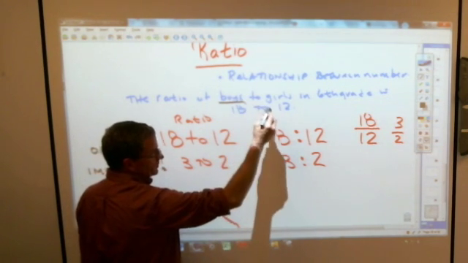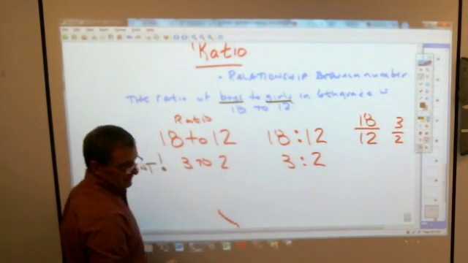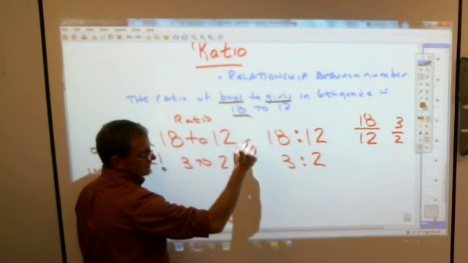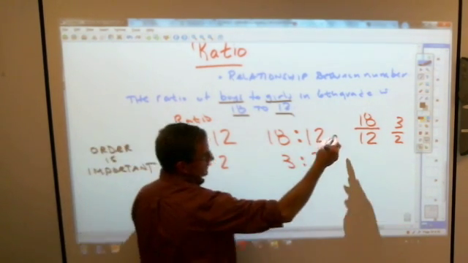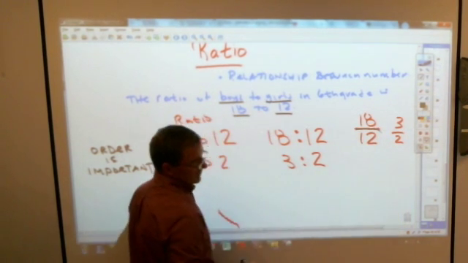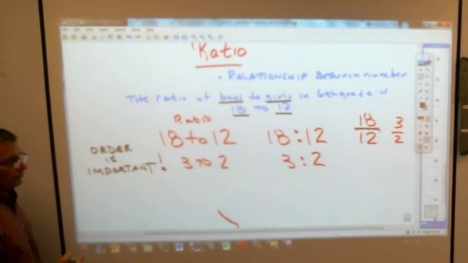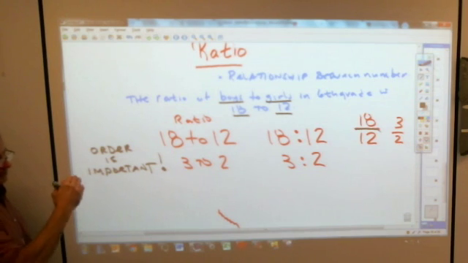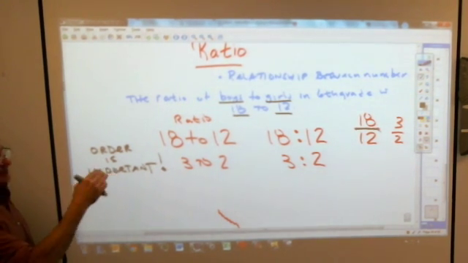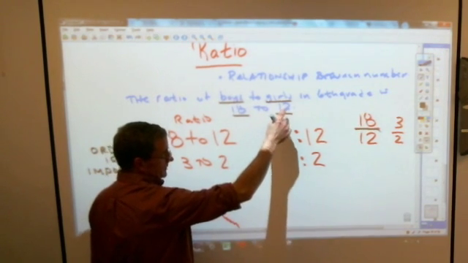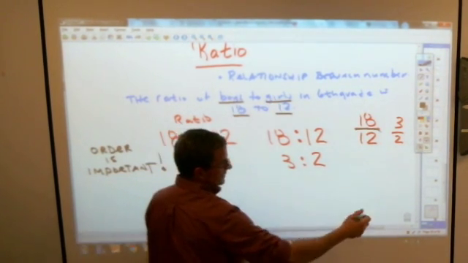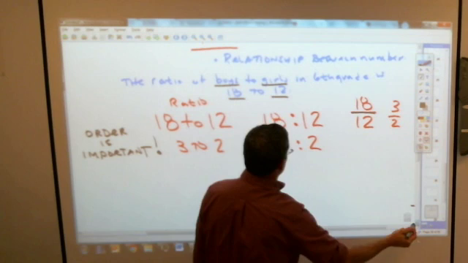Boys came first, girls came second. Boys comes first in the numbers, girls come second in the number. Boys goes on top, girls goes on bottom. You have to keep it in that order. The first number given goes with the first word given, second number, second word, because you will be given a problem that looks like this.